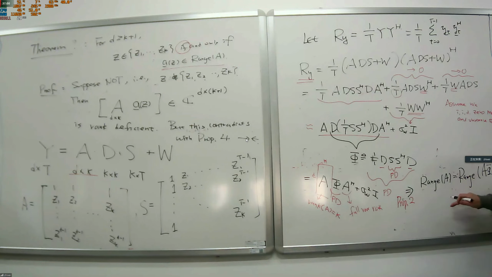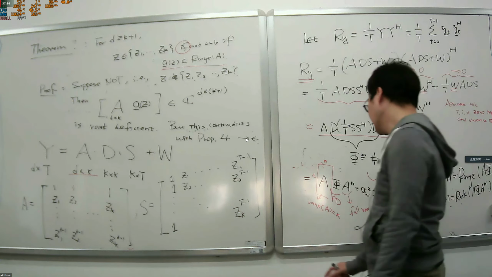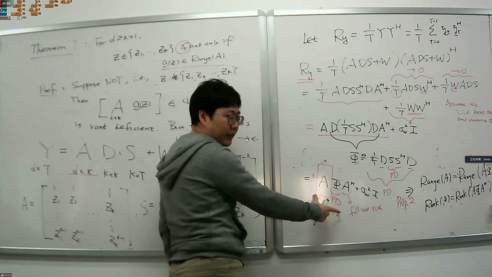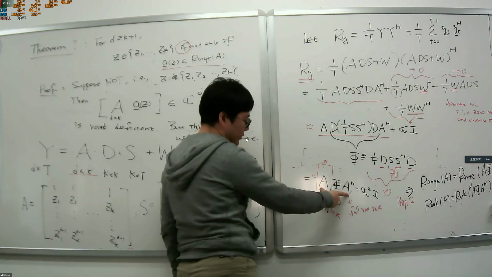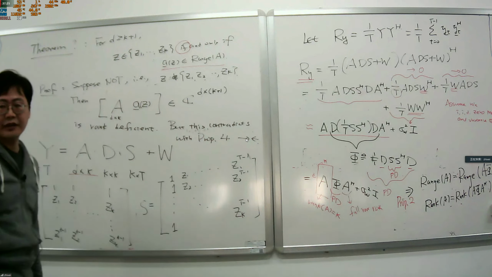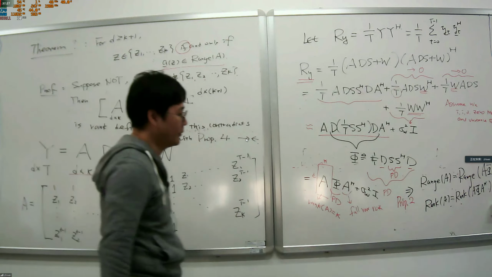Moreover, its rank will be the same, which is K. So A phi A Hermitian, a D by D matrix, has rank K, and its range space is equal to that of A.